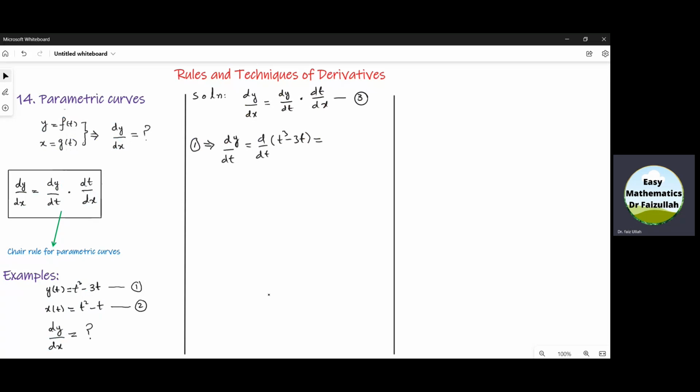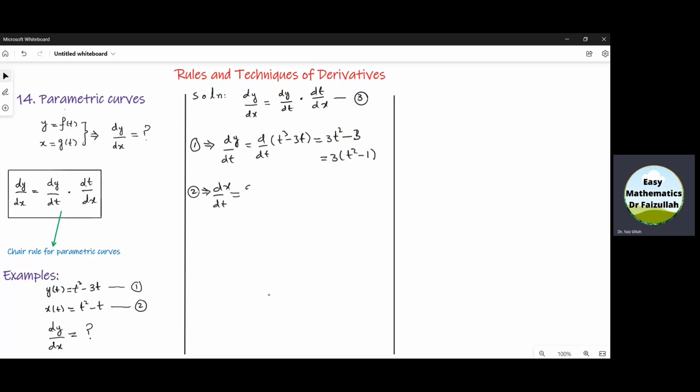And now if we differentiate t cube with respect to t, we get 3t square. And if we differentiate minus 3t, minus 3 will go outside, and differentiation of t is 1. So we have 3 into (t square minus 1). And now let us differentiate x with respect to t.